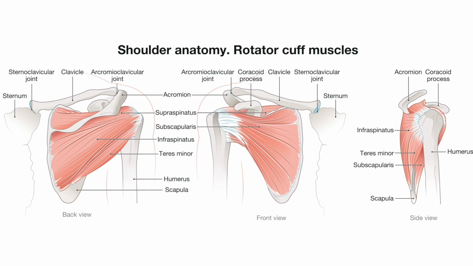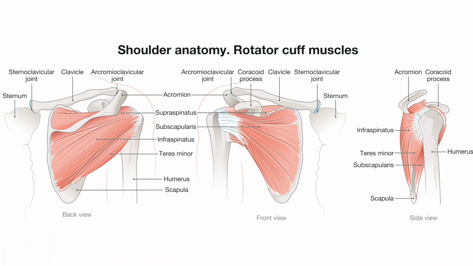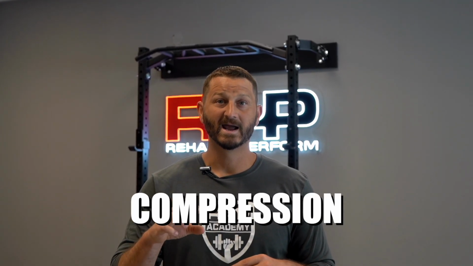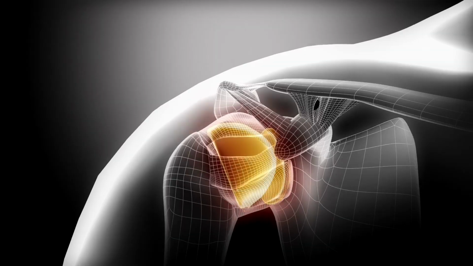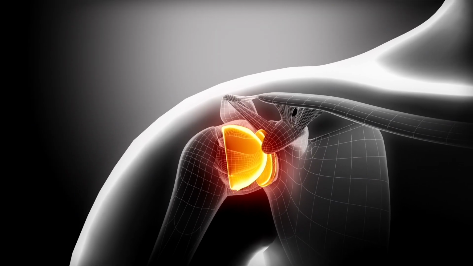They are there to rotate the shoulder, which is why it's called the rotator cuff. But when all 4 of them act together, they not only provide rotation for the shoulder, but they can also provide a lot of compressive forces for the shoulder joint, acting almost like a suction cup to help keep the ball within the socket.